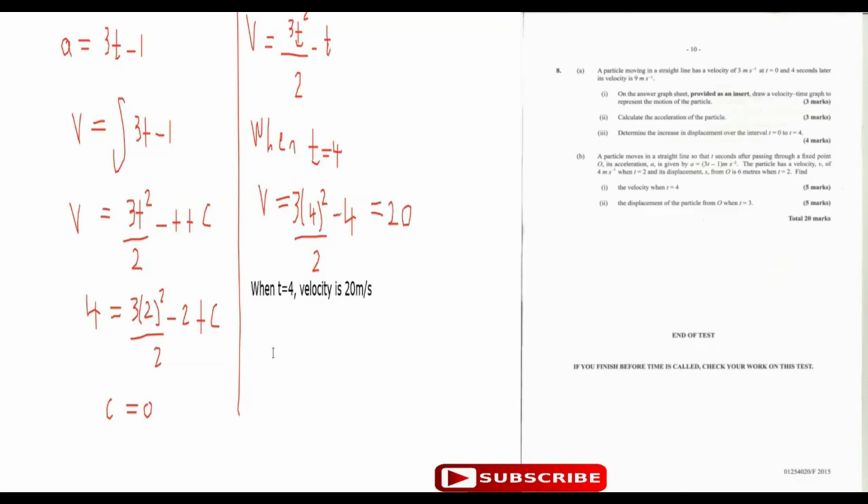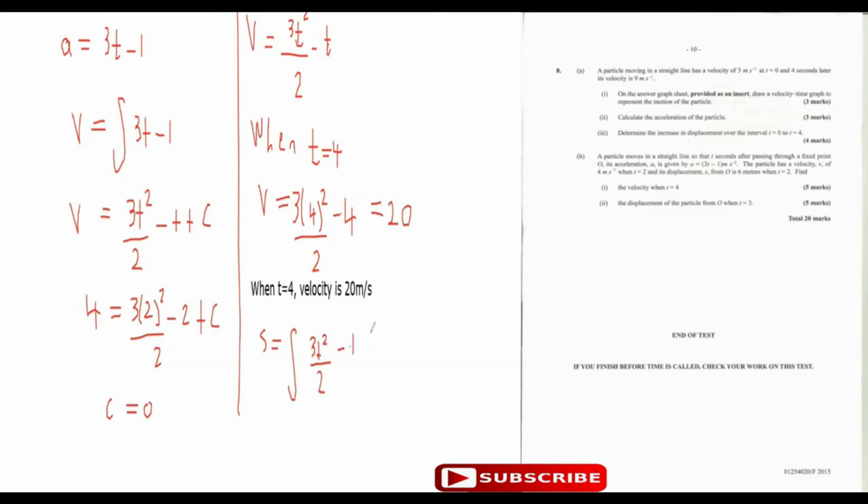Nice. Now the next part of the question says find the displacement of the particle when t is 3. So now we need to find displacement. Now s, I call the distance x. s is equal to the integral of v. So we need to integrate 3t squared over 2 minus t to get the formula for s.